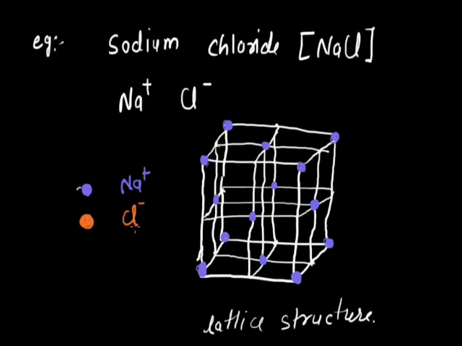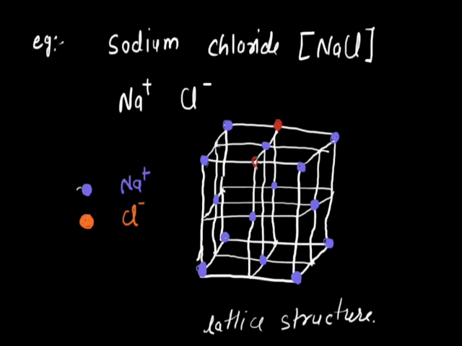And Cl minus ions are present on the centers of edges. Now we will put Cl minus ions. This is the first edge of this cube. Now we put Cl minus here, and this is the second edge.